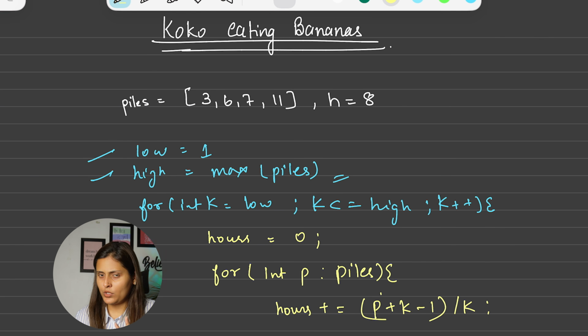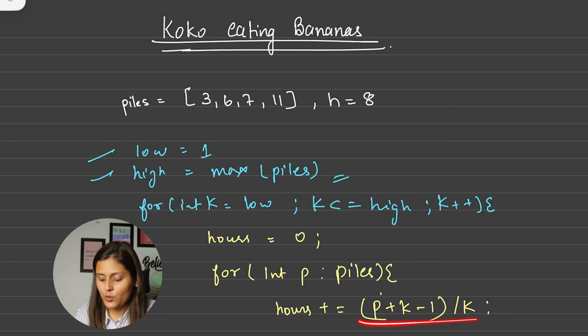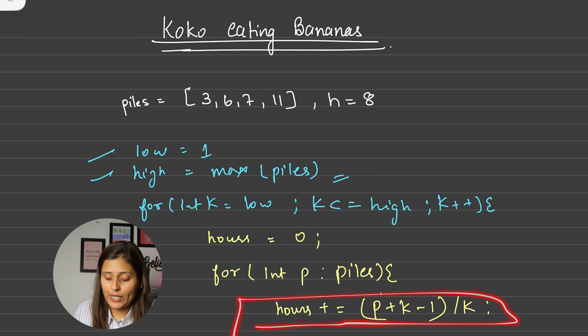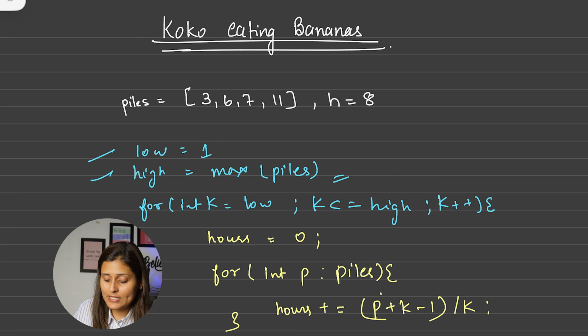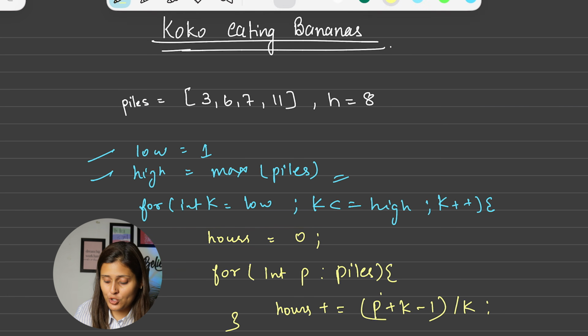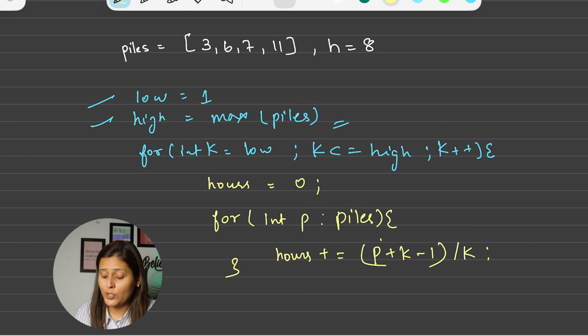I hope you know this idea. So to get the ceil value, this is how we divide. And now we have calculated the hours. And after coming out of this for loop, I can say that with this k speed, I have calculated the time and now I have to check if that was possible or not.